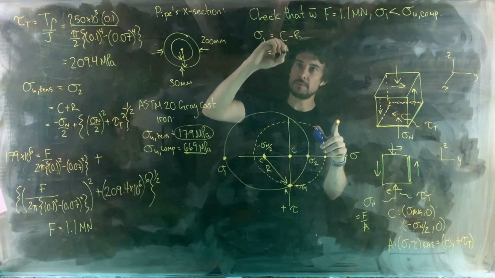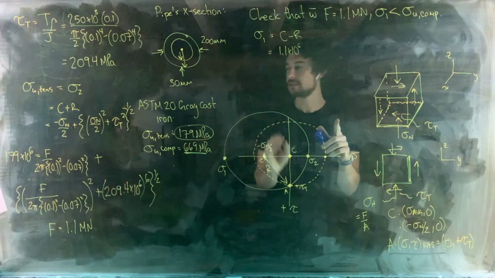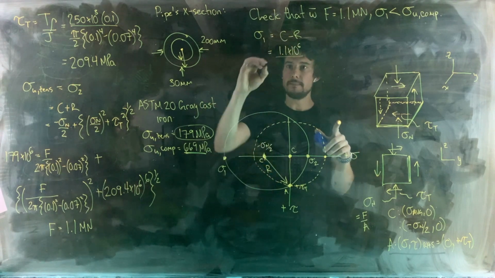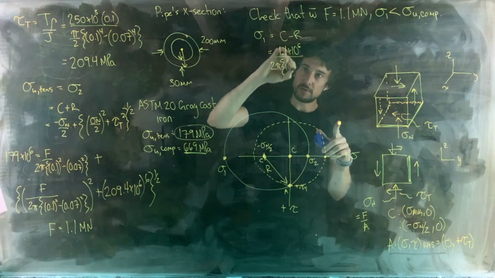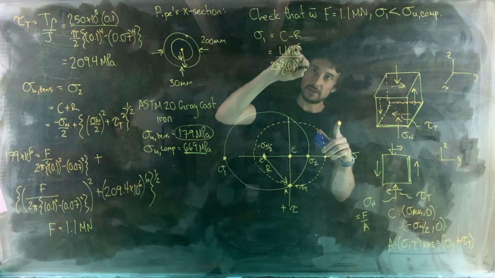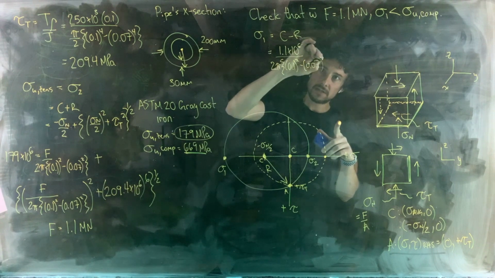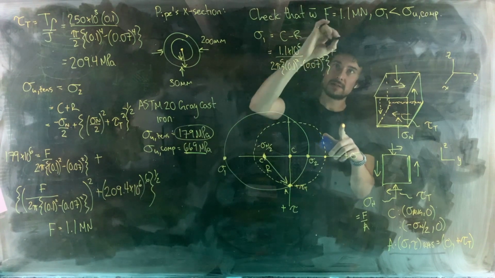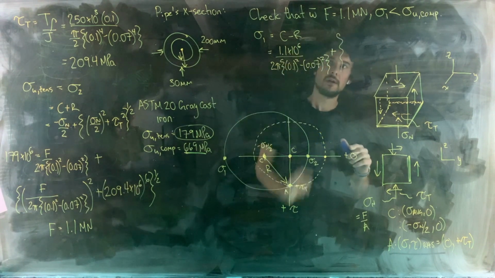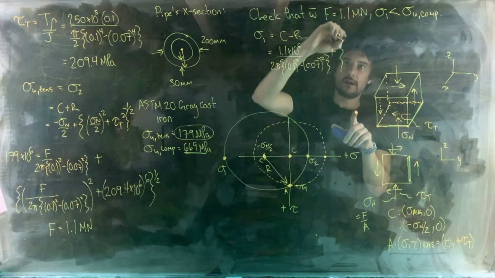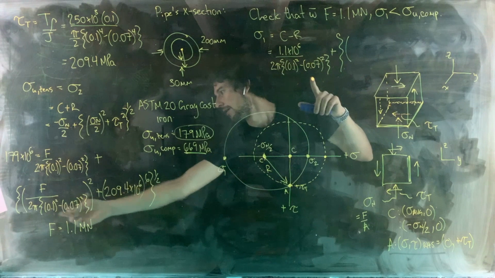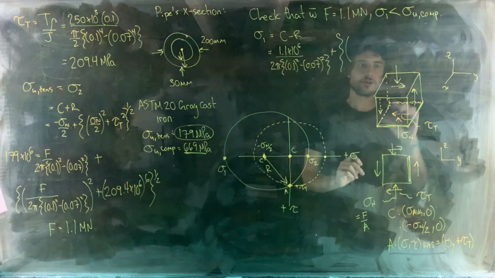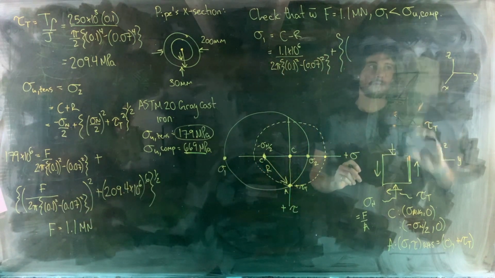So we've got 1.1 times 10 to the 6 divided by 2 pi, and then 0.1 squared minus 0.07 squared, plus then this same sigma n divided by 2 there.